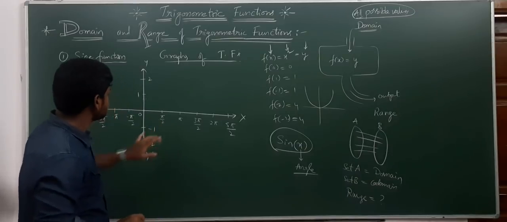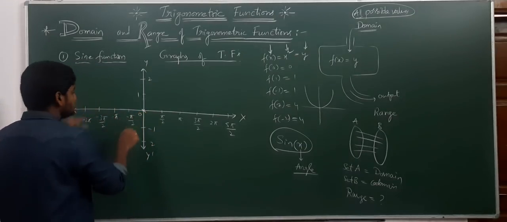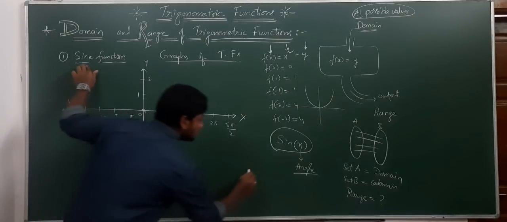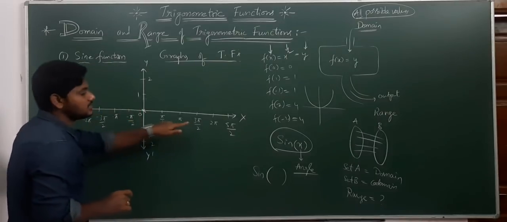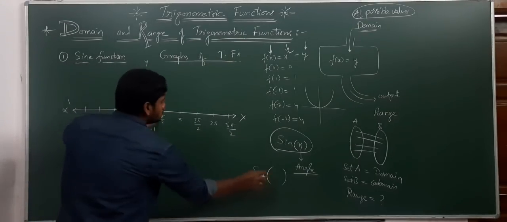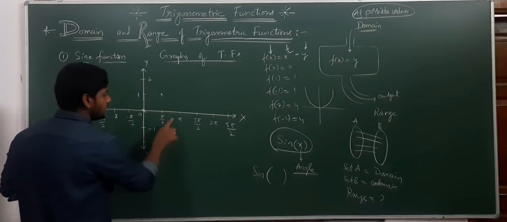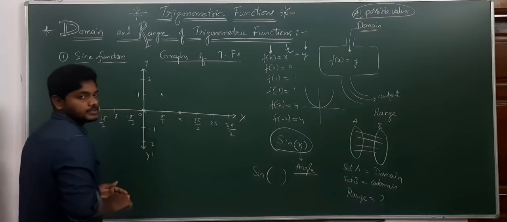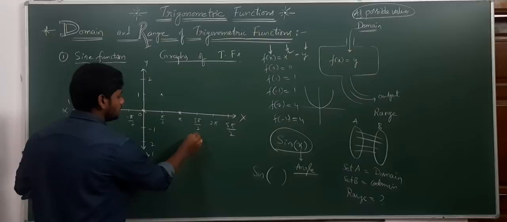We all know that sin 0 value is 0. This is the sine function, and in the domain we have to put these radians. Sin 0 is 0. Sin pi by 2 is 1. Sin pi is 0. Sin 3 pi by 2 is minus 1.